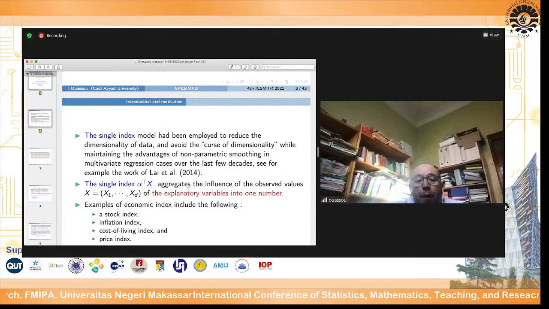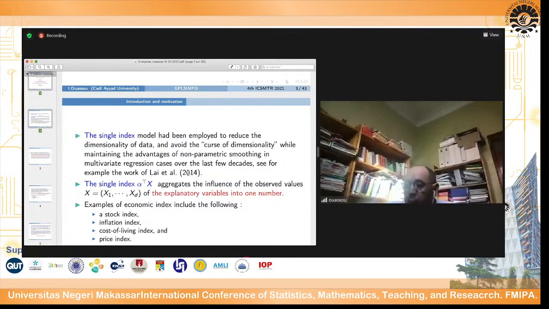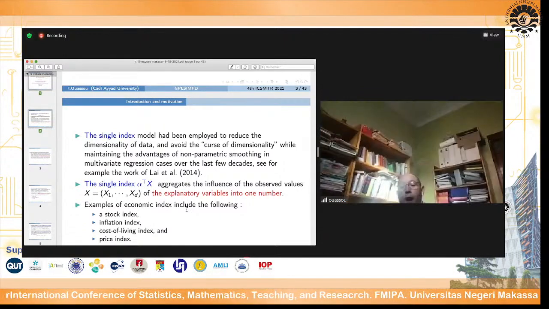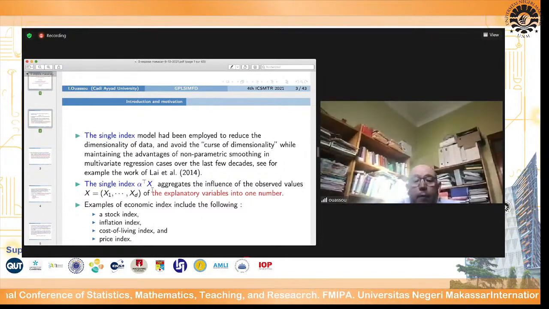See for example Lee and others. The single index α'X aggregates the influence of the observed value X in R^d of the explanatory variables into one number.